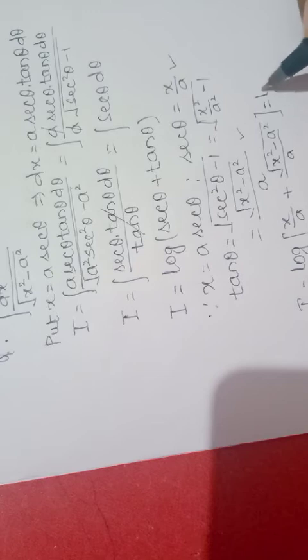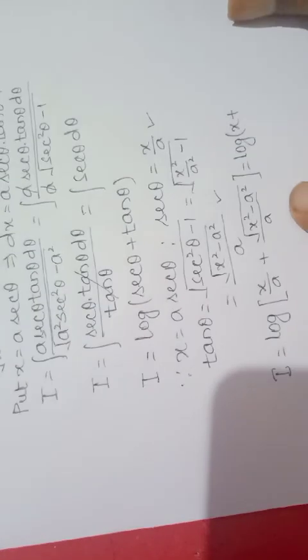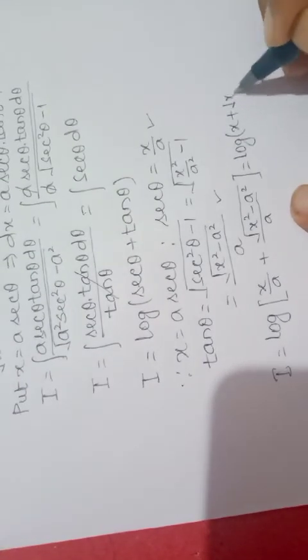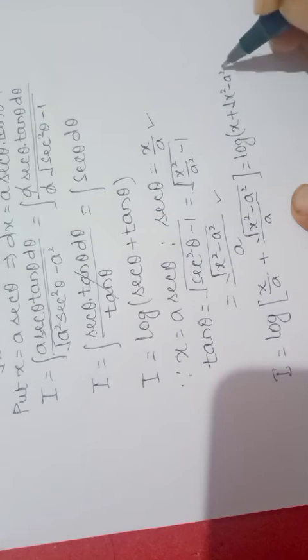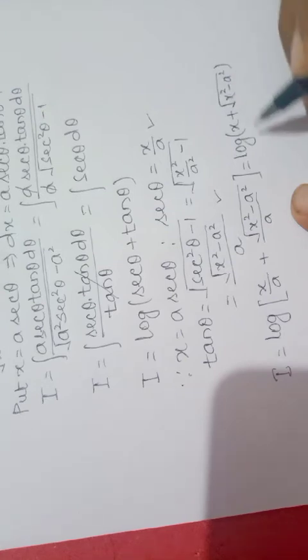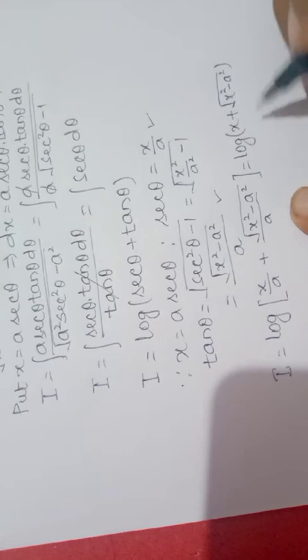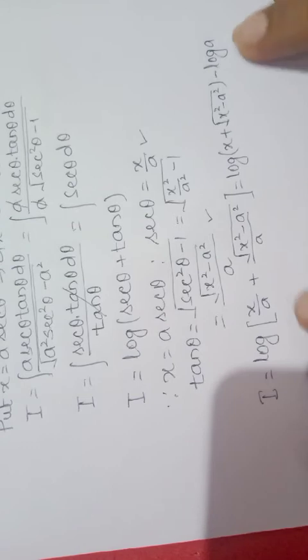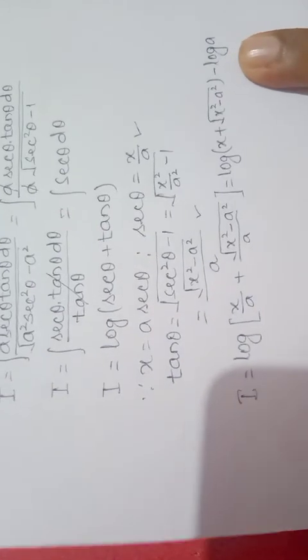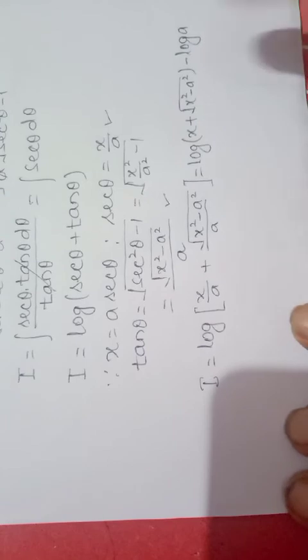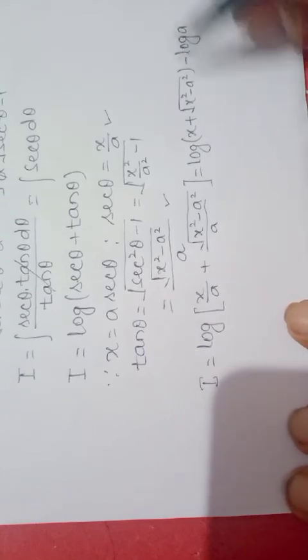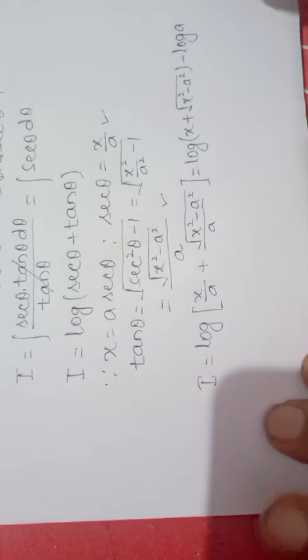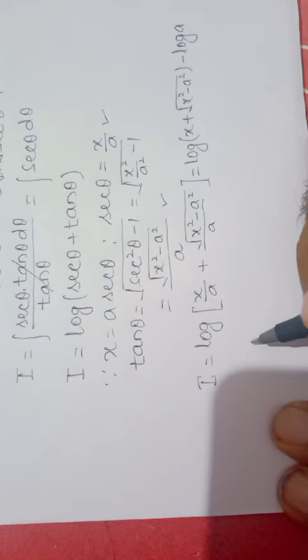So it becomes log x plus under root x square minus a square, after taking LCM, by a. So by log property it becomes minus log a. Since log a is also constant, finally it may be considered as plus c, which is the integral constant. We always use it in the end, that will be the integral constant.